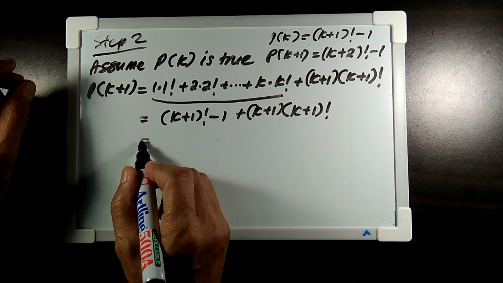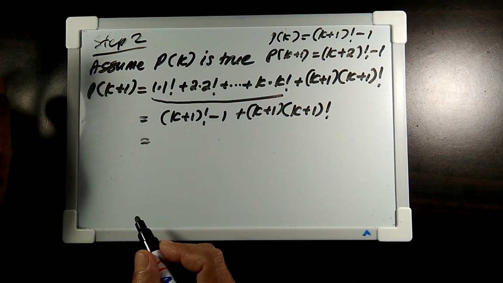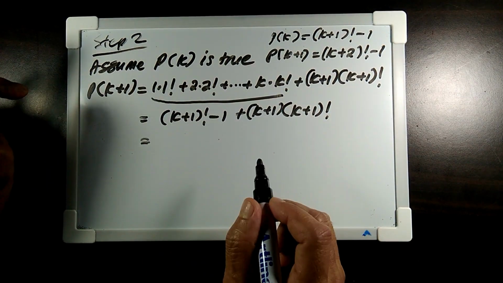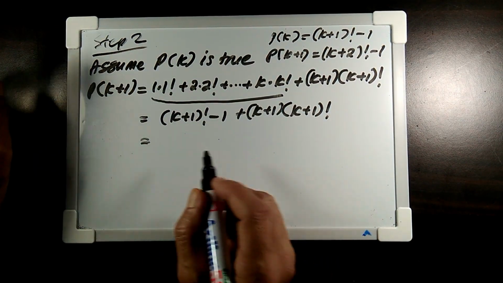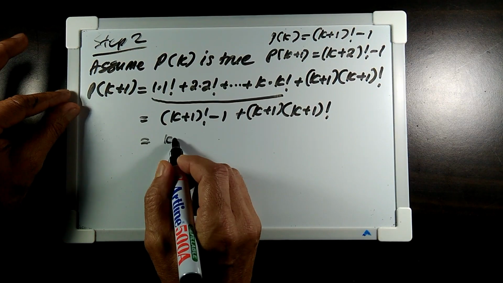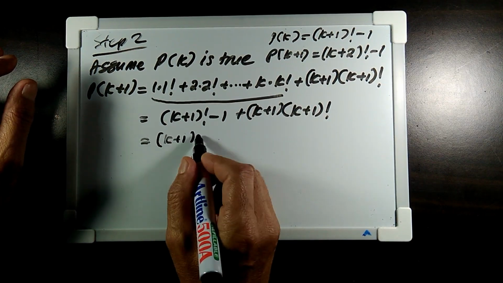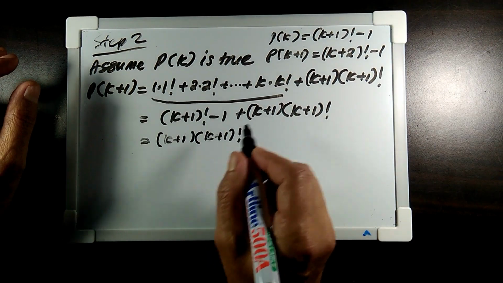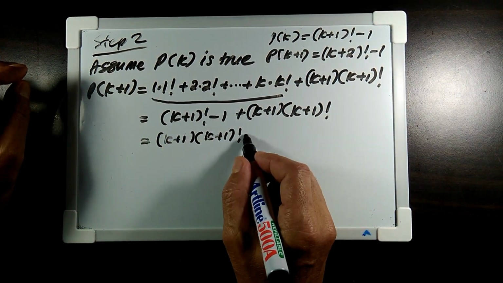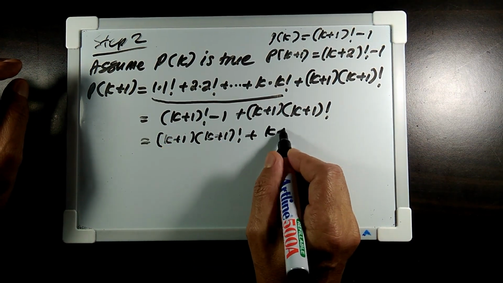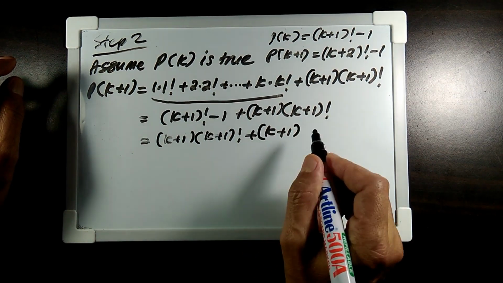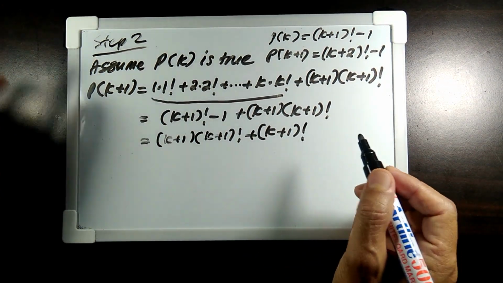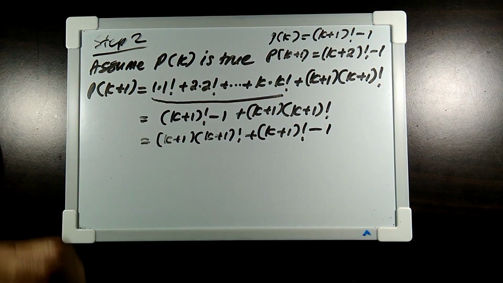I think we had better rewrite this term, move it around. So we have (k plus 1) multiplied by (k plus 1) factorial, and then we add this one, plus (k plus 1) factorial, then minus 1.